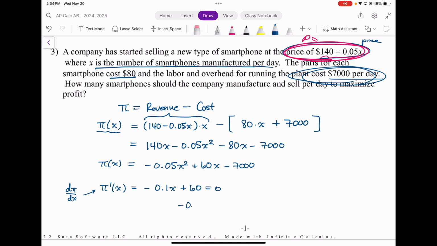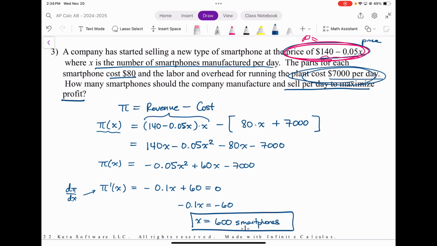And it looks like we get x equals 600 smartphones. So that is the amount that we should make to maximize profit. And that's actually what they were looking for. So we just got our answer almost immediately, which is great.